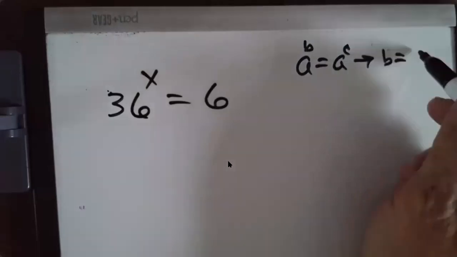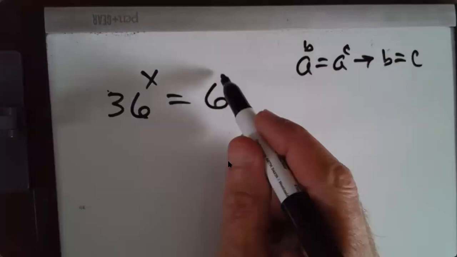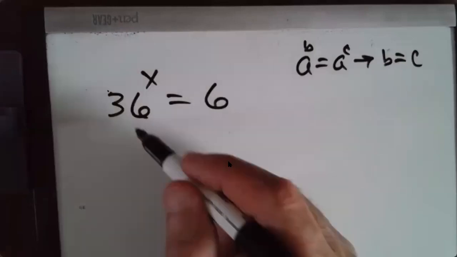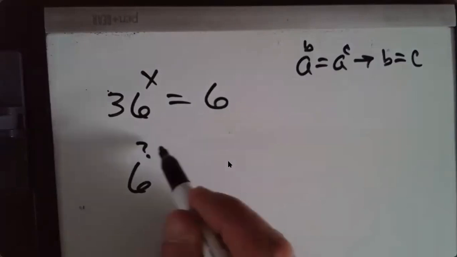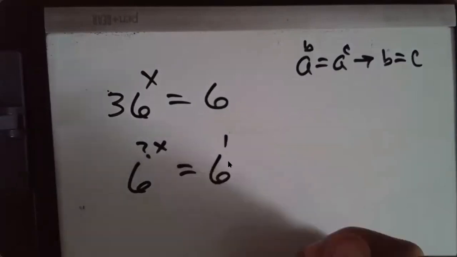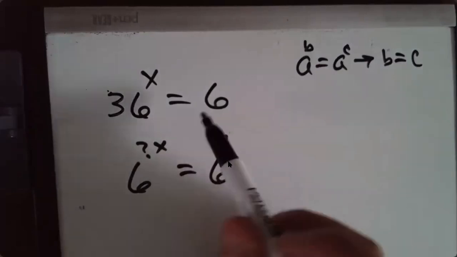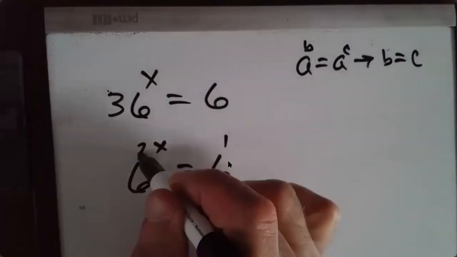We want to see if we can apply that property of exponents. Well, this is 6 to the first power, right? So we want to see, can we make 36 6 to some power times x? And this is 6 to the first power here. Well, 36 is 6 squared, right? 6 times 6 is 36. So that's 2x.